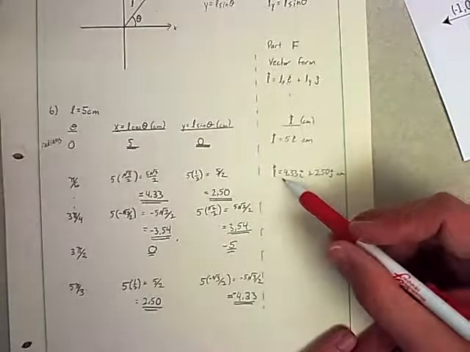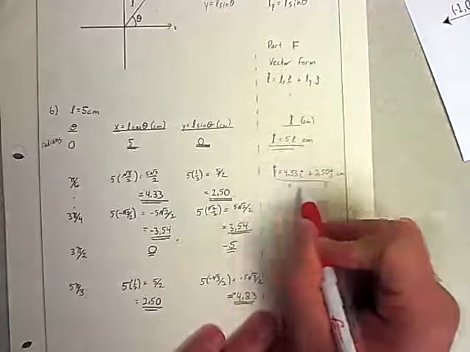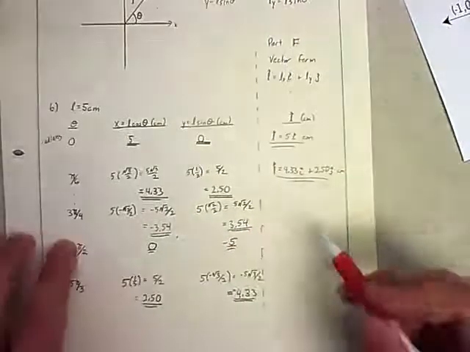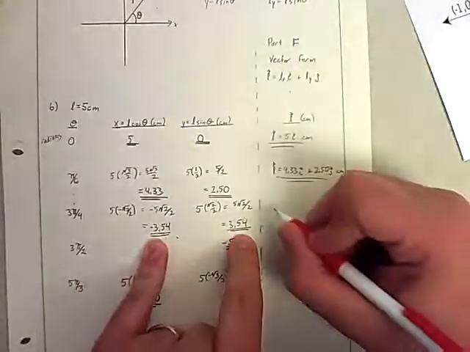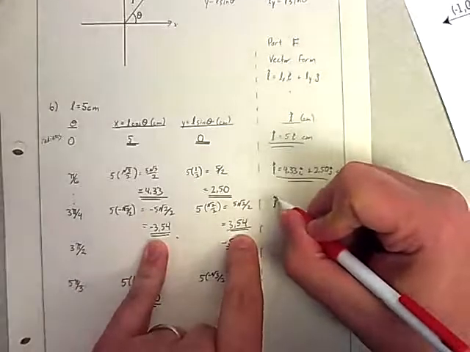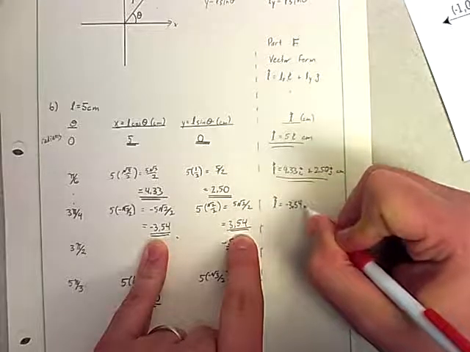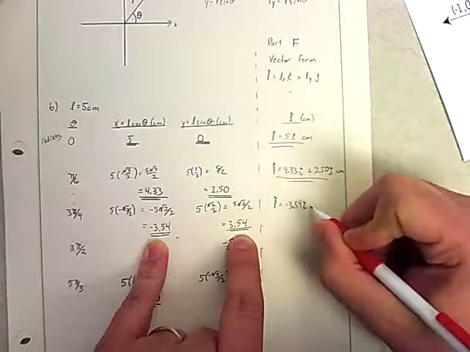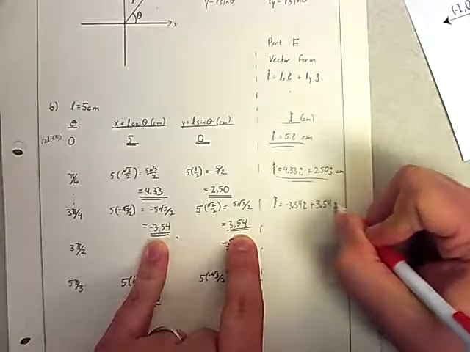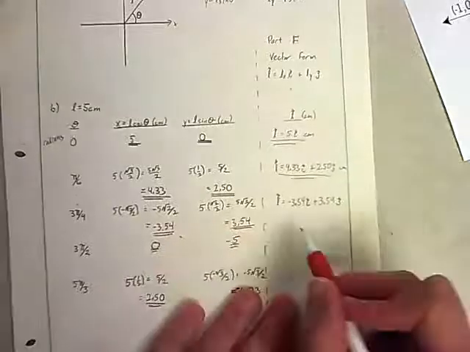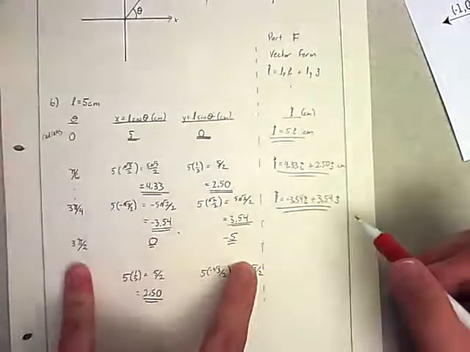All right. Three pi over 4 broke down into negative 3.54 and positive 3.54. So negative 3.54 times i plus 3.54 times j. 3 pi over 2, that was another one that was all in one direction.